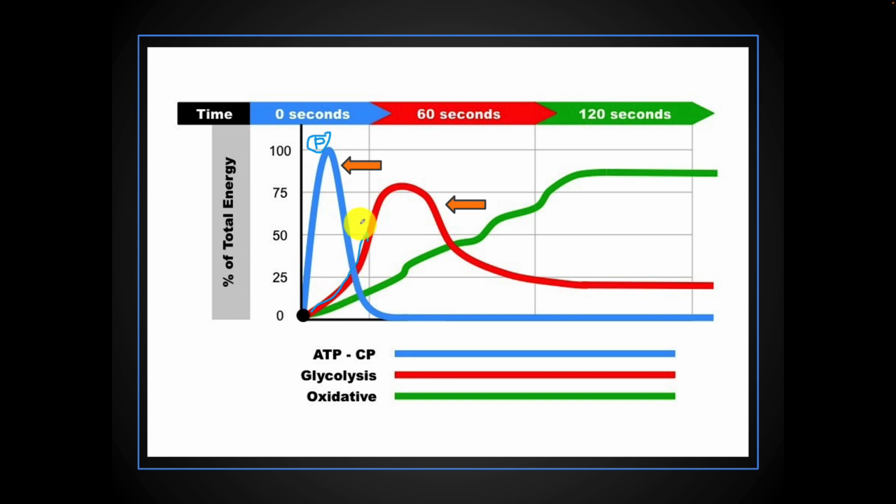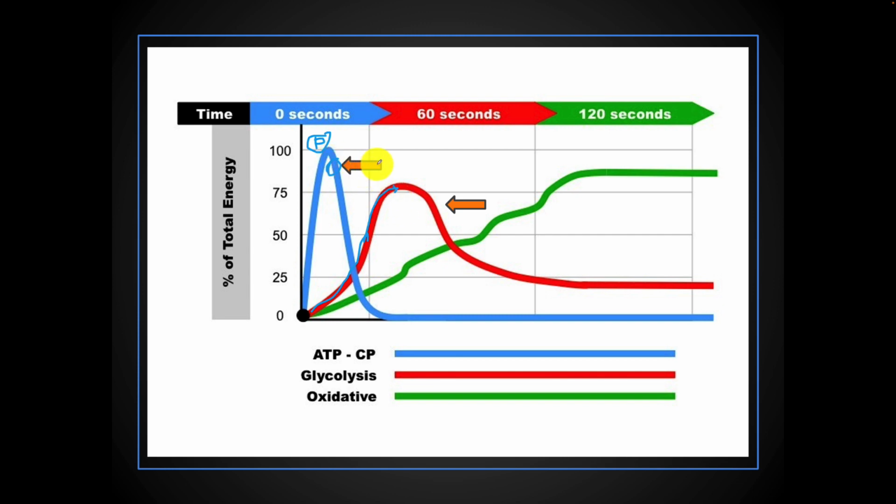Once ATP-PC begins to fall, the sugars come to the rescue and start to increase ATP resynthesis. Now, how does the sugar know that it is needed? Something is happening here that tells the metabolism it needs to shift from ATP-PC to glycolysis.